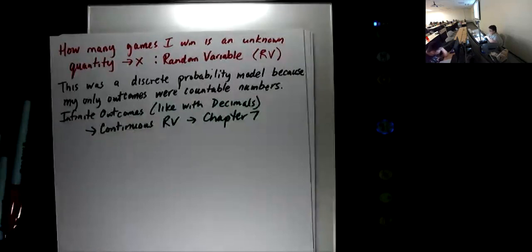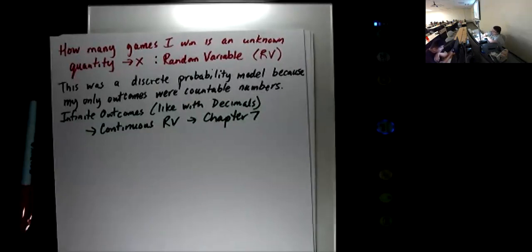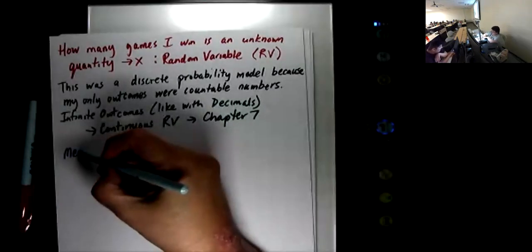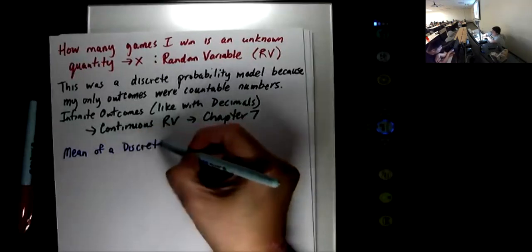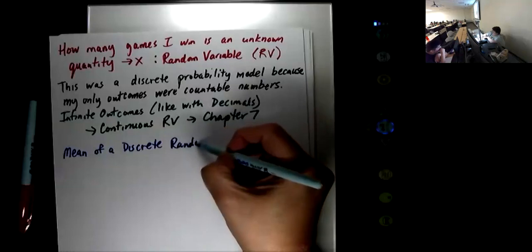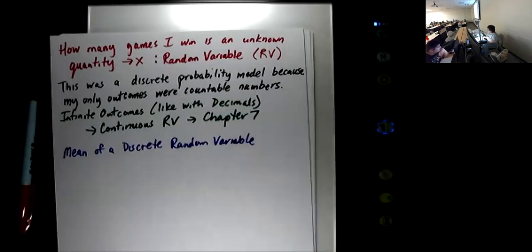And we care a lot about the mean of stuff in here. So the mean of a discrete random variable, and I wrote out random variable again because I'm a sucker.